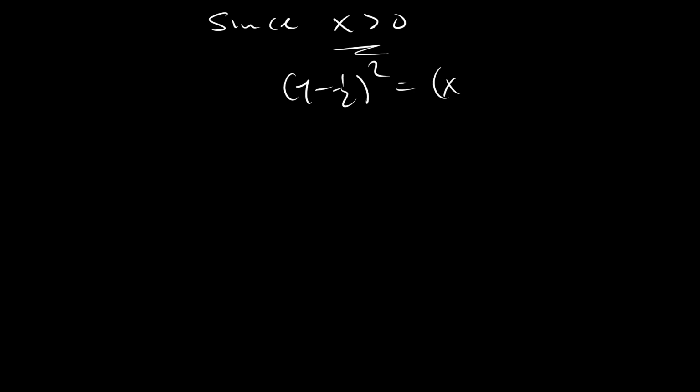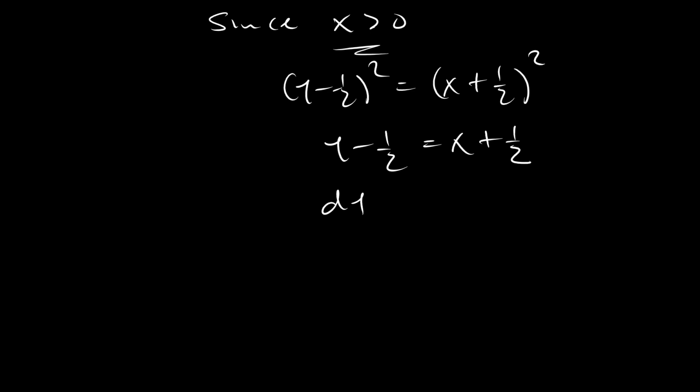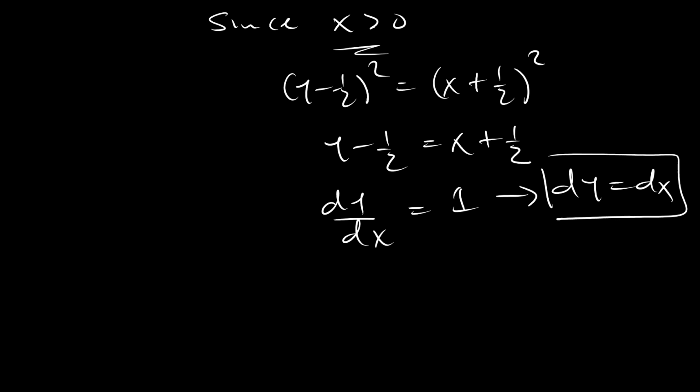Well, now, since x is greater than 0, and we see that y minus a half squared is equal to x plus a half squared, we could just take the square root of both sides, and therefore dy/dx is equal to 1, and therefore dy is equal to dx.